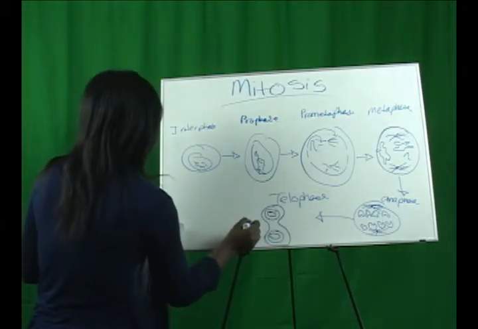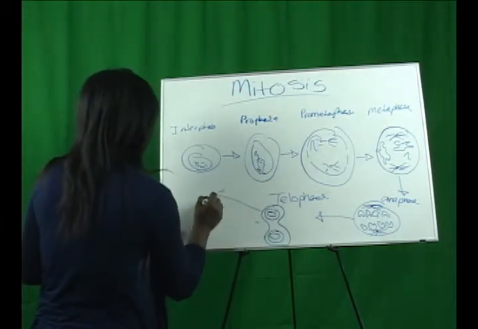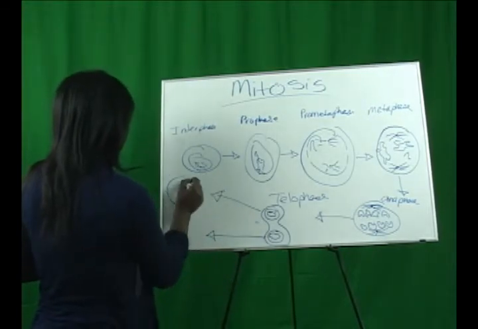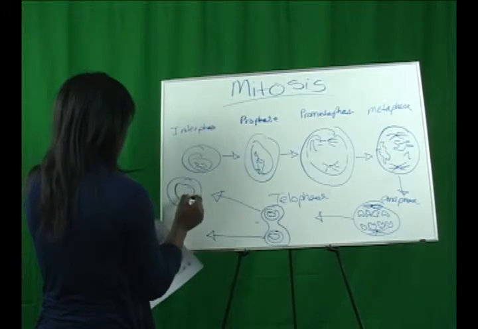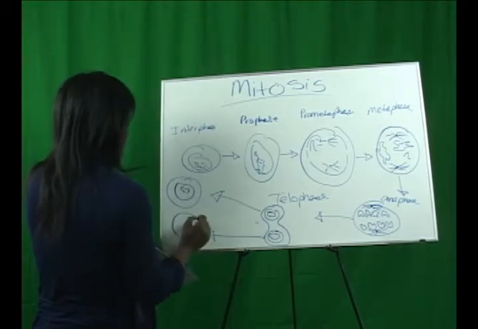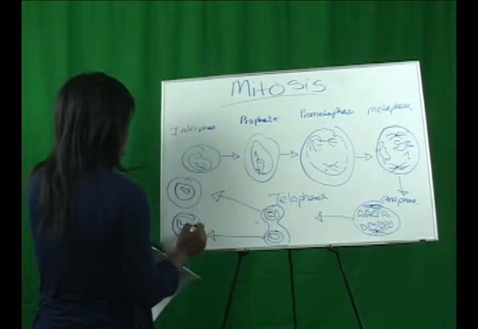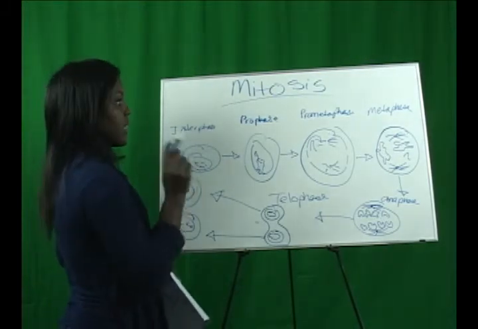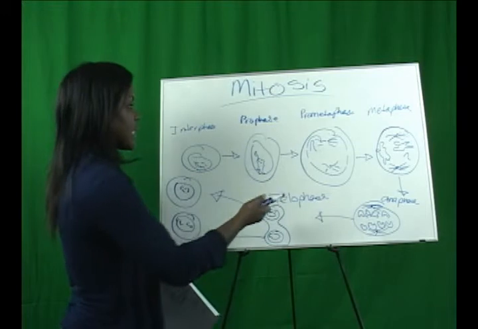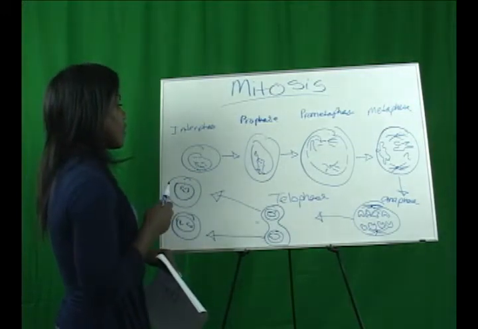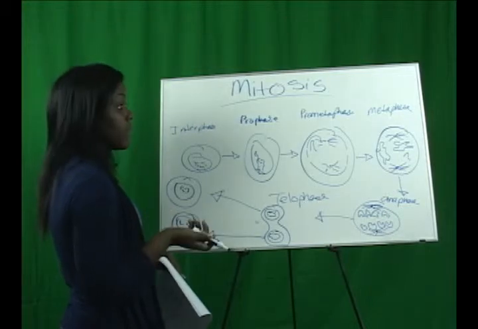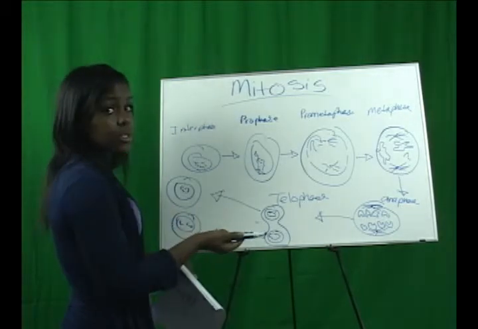And right here, during cytokinesis, they pinch, they separate, and they form two new daughter cells exactly identical to the first. Now, mitosis, this is an example of hydras, amoebas, skin cells reproducing.